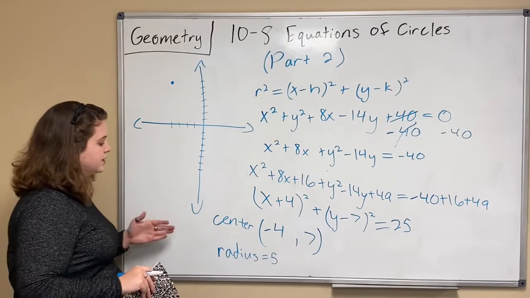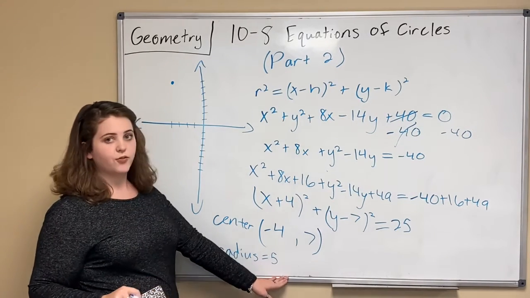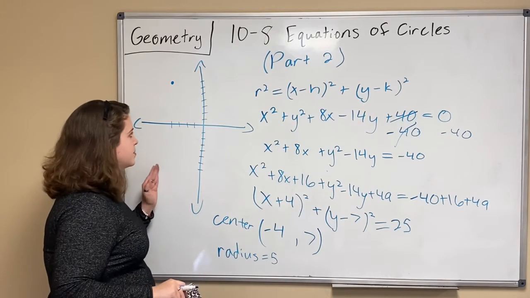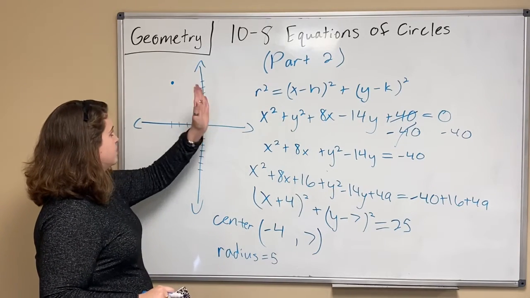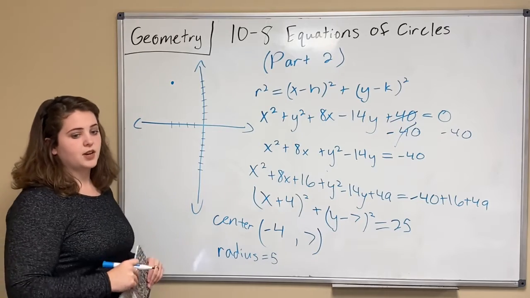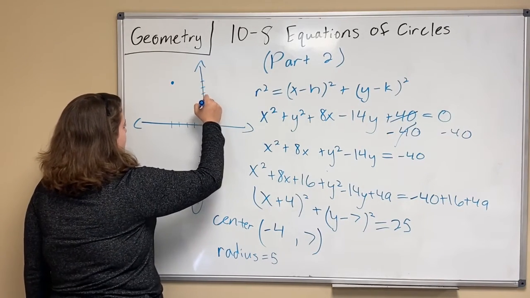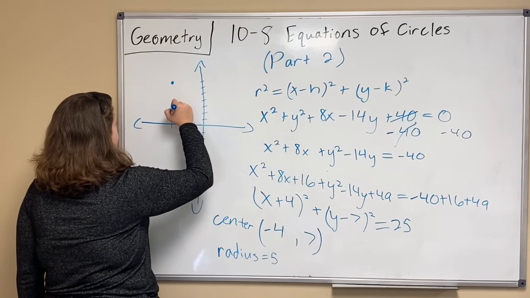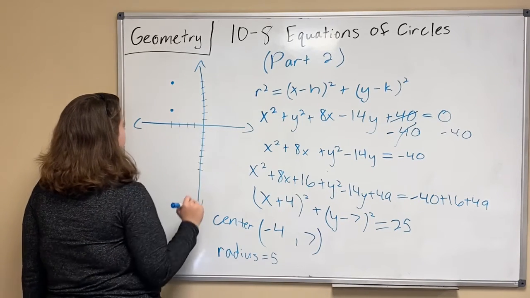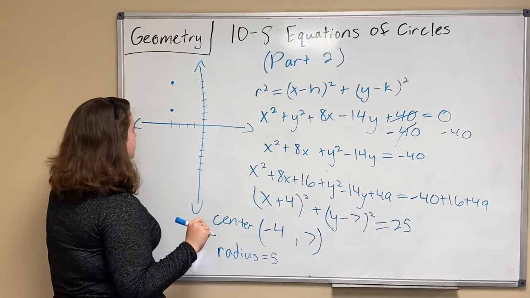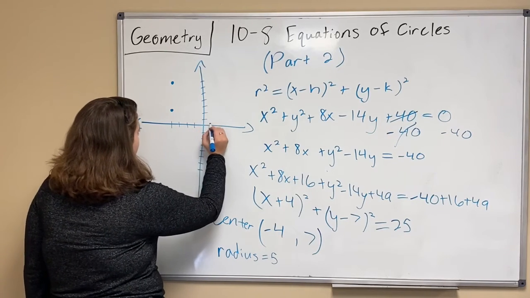What I'm going to do next is, since I know my radius is 5, I'm going to count 5 spaces in every direction from my center point so that I have 4 points in each direction. So I'm going to go 1, 2, 3, 4, 5. There's one point that I know will be on the edge of my circle. I'm going to count 5 this way.